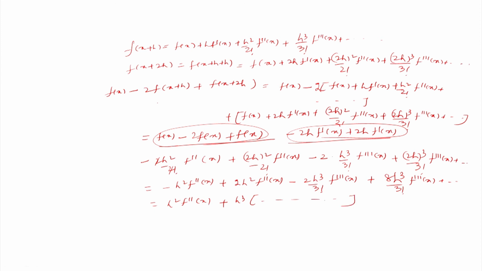And if we divide by h square on the left hand side and the right hand side, we obtain f double dash of x equals f of x minus 2 f of x plus h plus f of x plus 2h divided by h square plus order of h term.